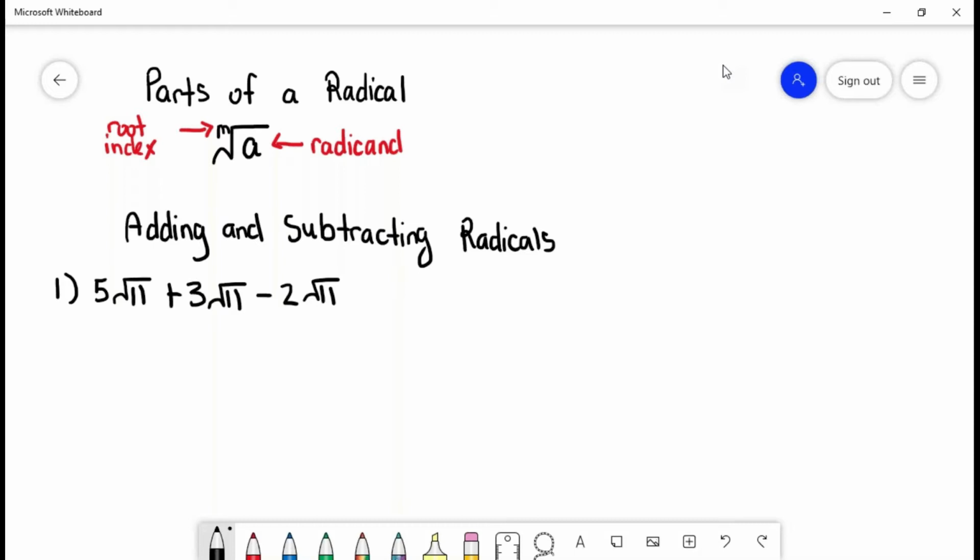And in order for the radicals to be like terms, there are two things you need to look for. One, the root index for all of these terms has to be the same, and the radicand for all these terms has to be the same as well. And as you can see, this is terminology which was covered previously. So essentially, what we have to look for is the same root index and the same radicand.